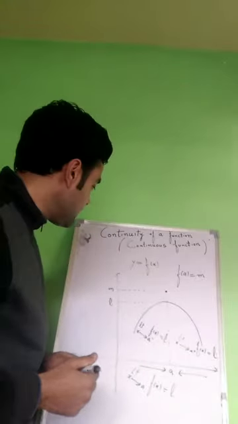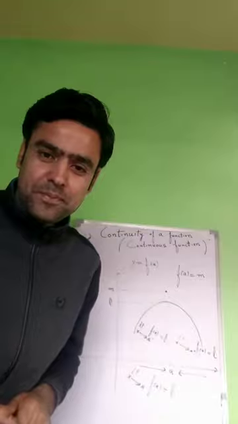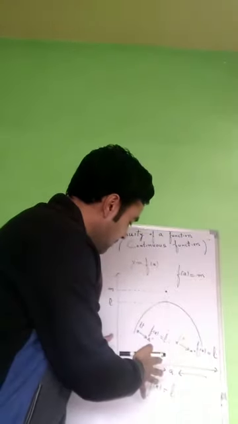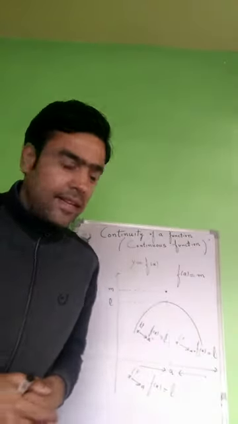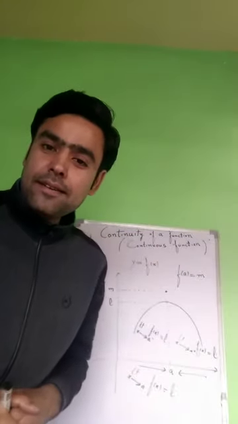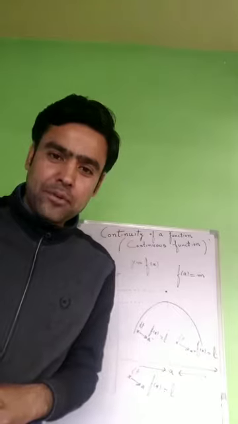In that case, the function would have been continuous. This shows that if the limiting value is equal to the value of the function at some point, then the function becomes continuous at that point.